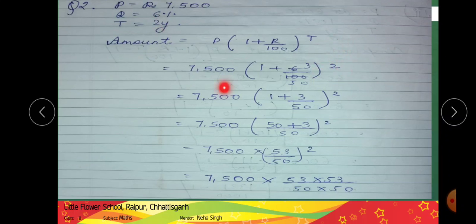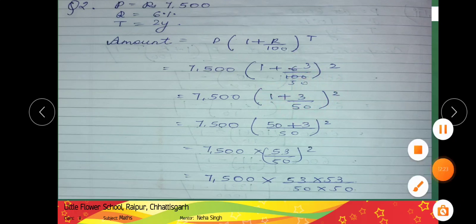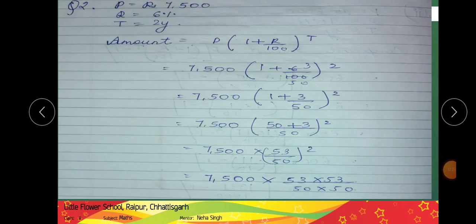Now 7,500 into 1 plus, we are cancelling this. 2 3s are 6, 2 5s are 10 and 0 carried. So we are left with 3 upon 50, so 1 plus 3 upon 50.